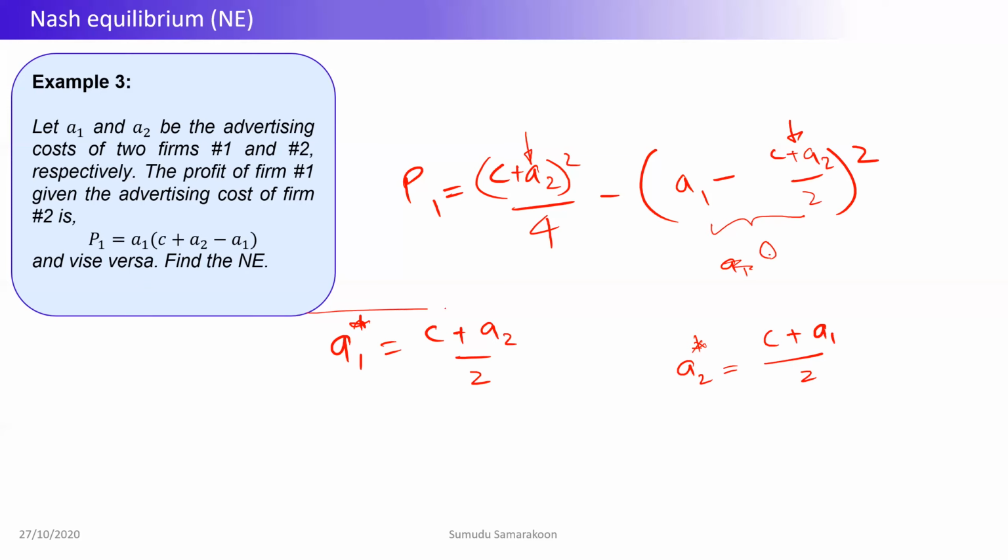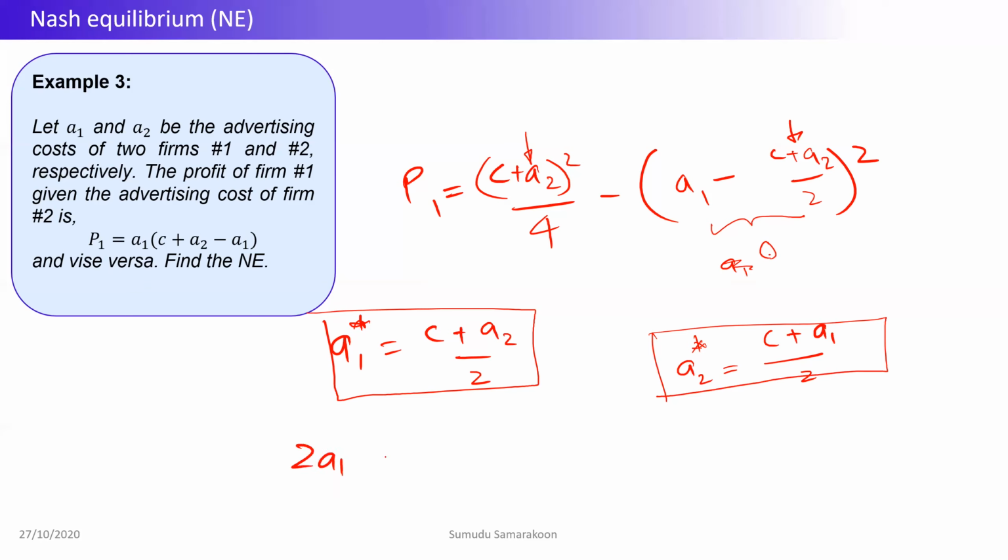Now, if we can find values for A1 and A2 that satisfy both of these equations, then it means neither of the firms would prefer to deviate, right? So what we need to do is solve these two equations.